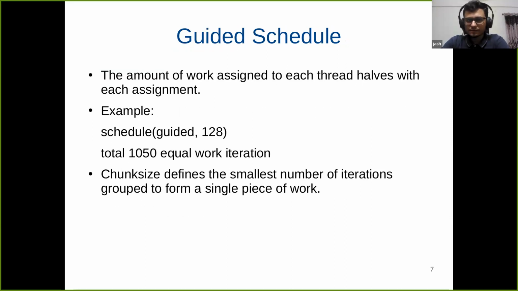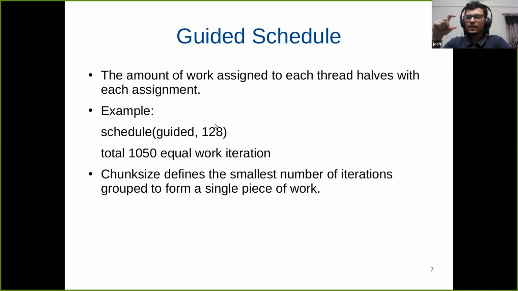Okay, coming back to the slide. So the third kind of schedule that we want to see here is the guided schedule. In case of guided schedule, the amount of work that will be assigned to each thread will be halved with each assignment. So what essentially will happen here is that you will specify some chunk size, right?